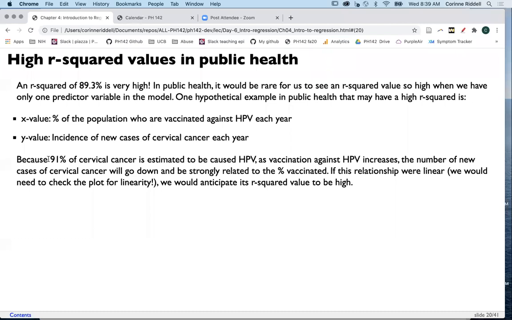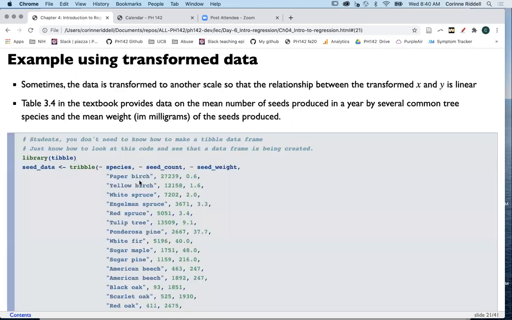And that's because 91% of cervical cancer is estimated to be caused by, and truly caused here, not associated with, HPV. And so if you are able to prevent HPV from ever occurring, you can prevent these incidences of cervical cancer. It's not often we have these sorts of relationships where it's so tied like this, but I just wanted to give you an example of the sorts of situations that give rise to these high R squared, but oftentimes the R squared values are lower.